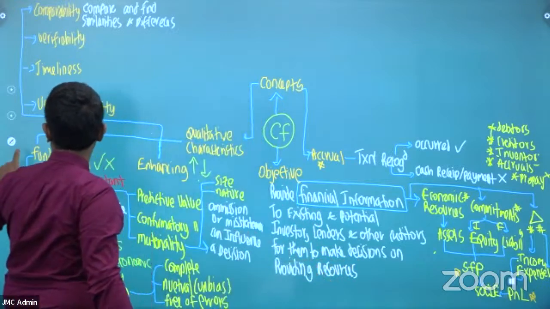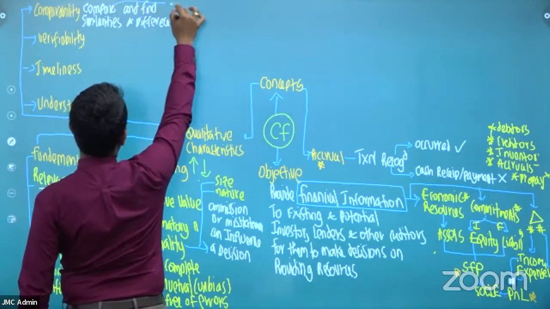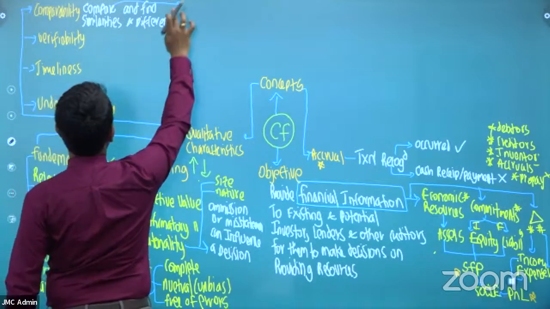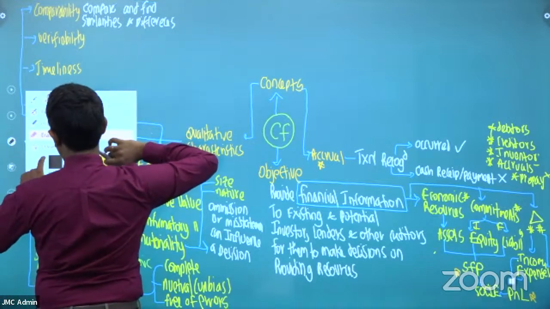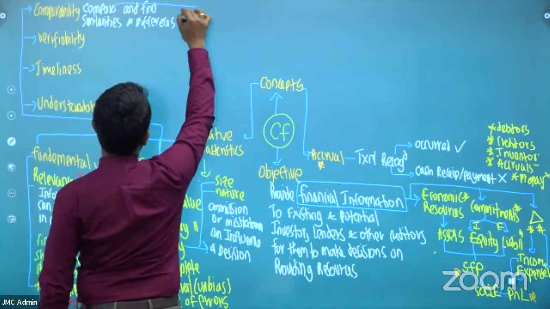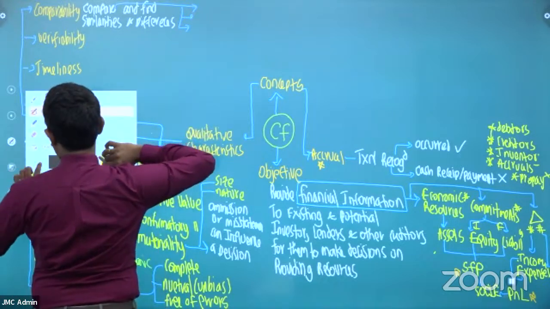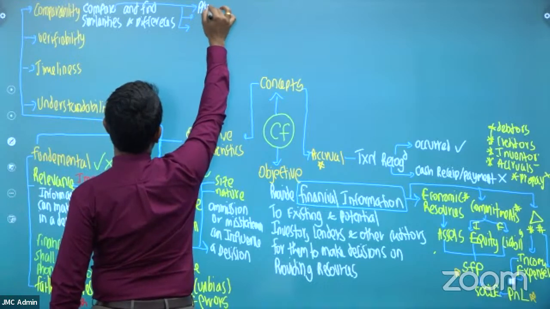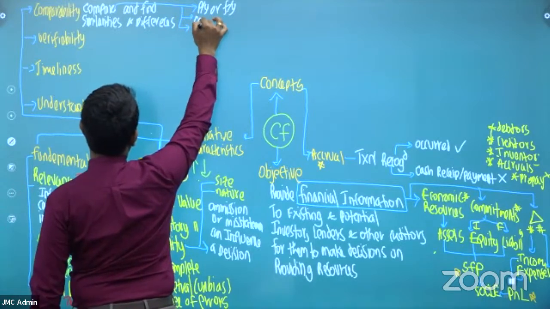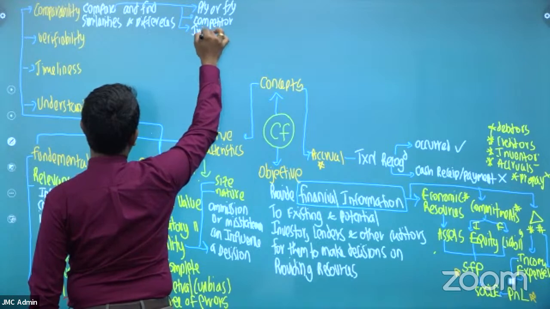So generally we are comparing our financial statements, right? Generally we compare either with the previous year or with the forecasted year, either with the competitor you are comparing or with an industry average.